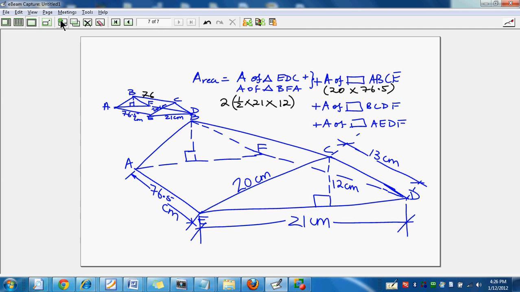So that will be 76.5 centimeters as well on top. So length by breadth will be 76.5 for BC times the length CD. And CD has a length of 13 centimeters, because this here is 13 centimeters long. So it'll be 76.5 by 13 for the area of BCDF, or 13 by 76.5. So you write that in, 13 by 76.5.